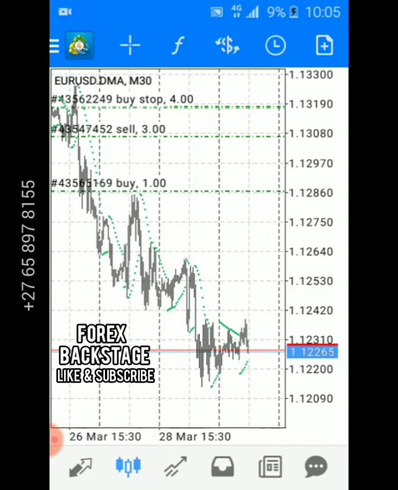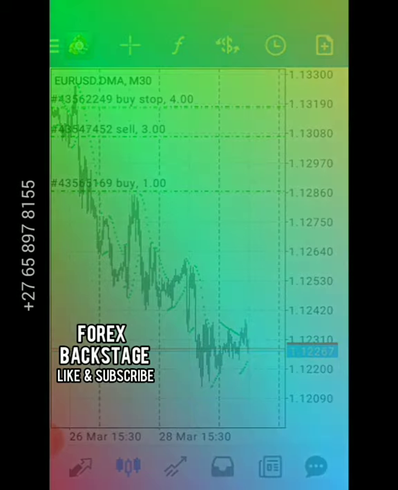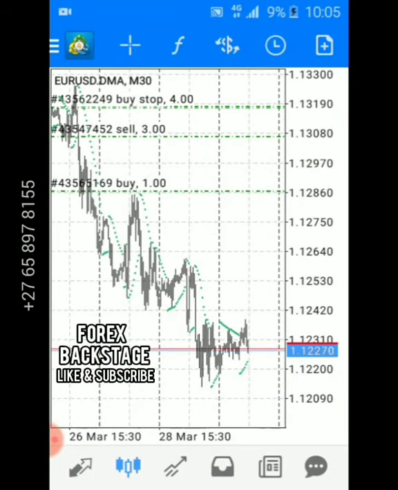Then this third line is the beginning of the new pattern that I am busy creating right now. So I will show you an example with these first lines, where you see a buy stop at 4.00 and a sell of 3.00. I will try to explain that so that you can be able to see.